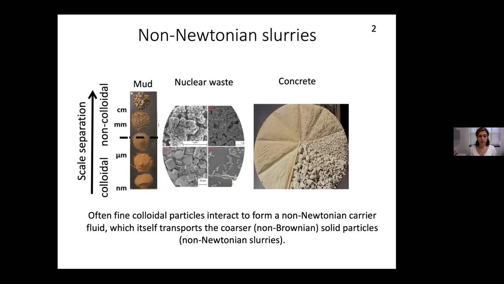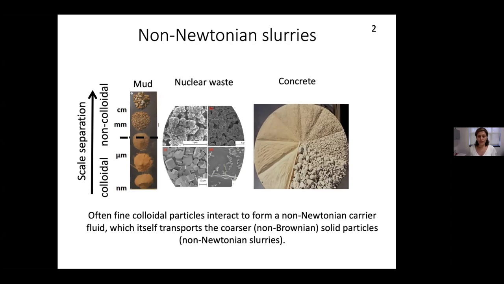So the examples include mud that we have in mudslide, landslide, submarine avalanches, nuclear waste, concrete, many hygiene products. Many biological fluids actually, you can think of mucus and bacteria and so on and so forth.